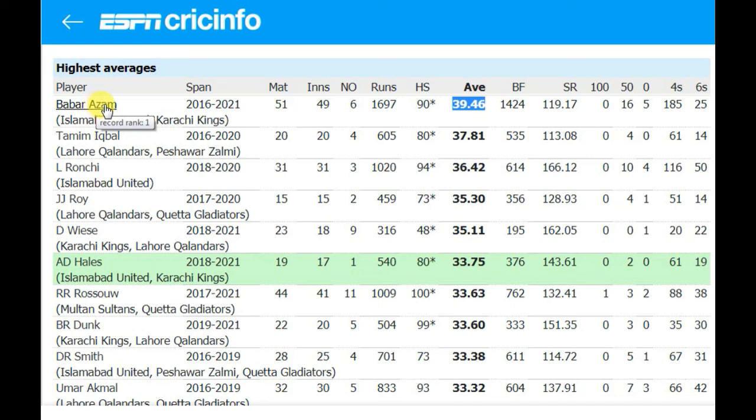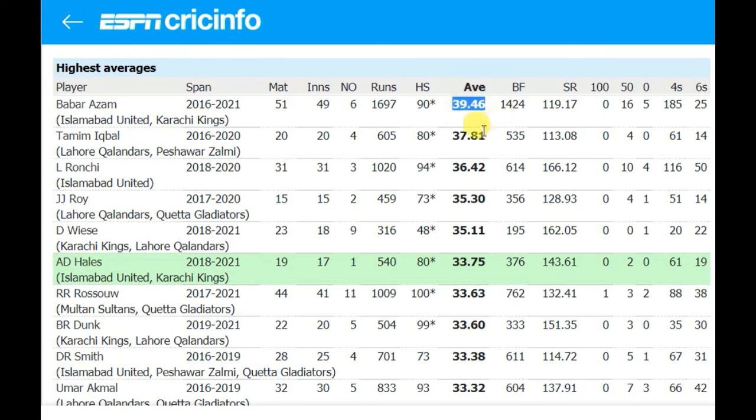Simply, it means that we can expect Babar Azam to score 39 or 40 or 35, somewhere very close to 39, in the next match. This is a very representative value of Babar Azam's data, and we can make predictions for the future.